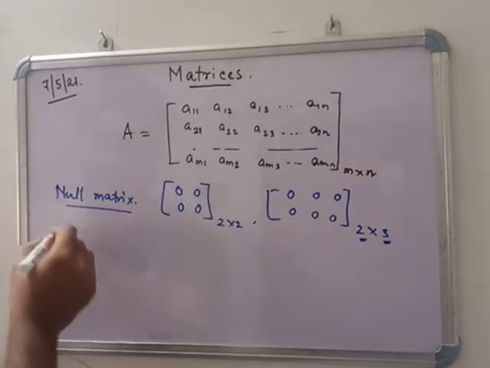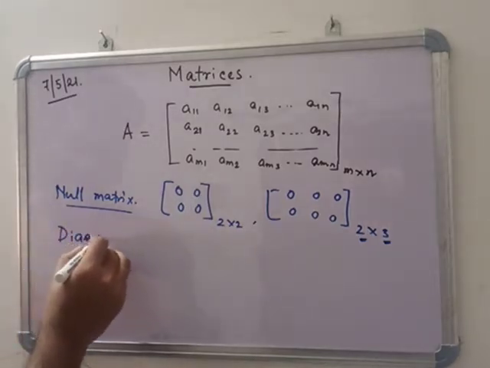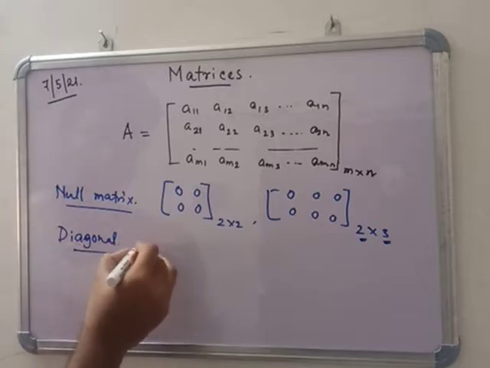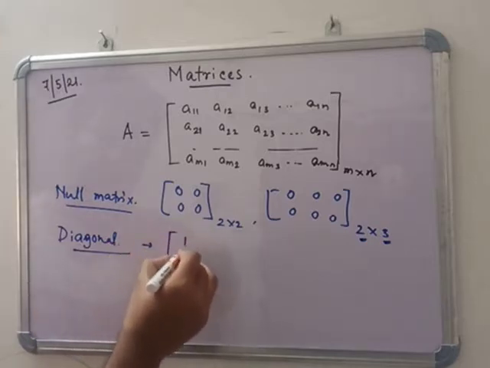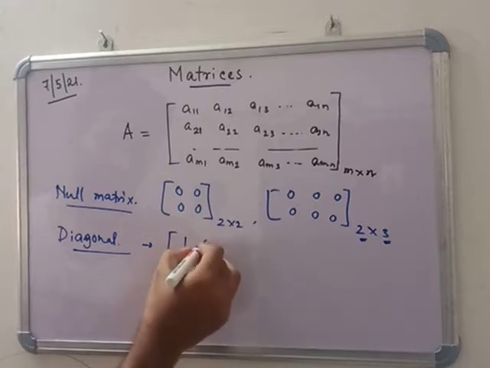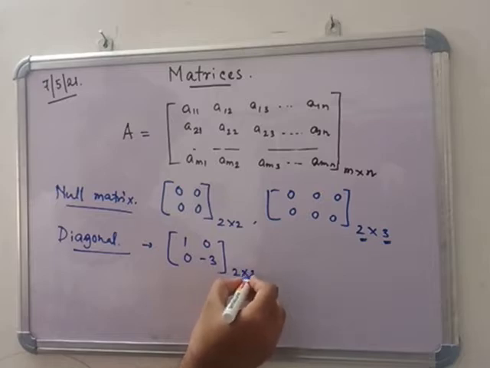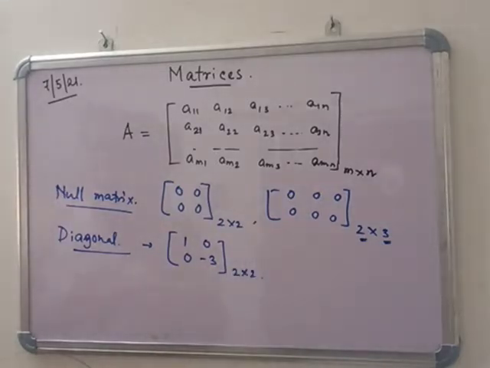Now the diagonal matrix. What is a diagonal matrix? Diagonal means only the diagonal elements are there. When only the diagonal elements are there, this is called a diagonal matrix. Now the scalar matrix.